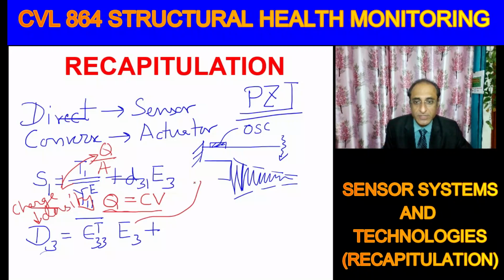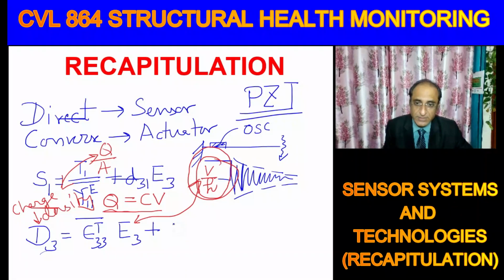And how is this electric field related to the voltage? Basically electric field is related to voltage as V by H. So this is how the two are related. So this is one part, and then there is the other part. The other part is that charge is produced not just by the application of electric field but also by stress.